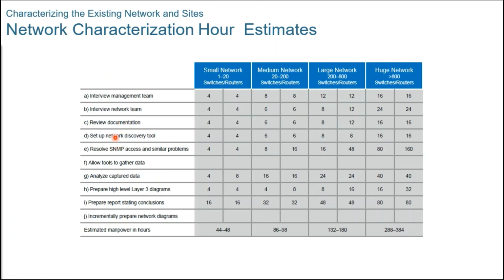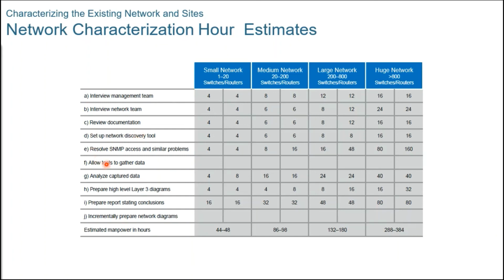Also, setting up the network discovery tool, which typically involves using automated discovery or entering a device list or static addresses range into the tool, verifying the tool has found most routers and switches, and starting to collect performance data. So for discovery, we are using the Cisco Discovery Protocol, CDP. You also have LLDP for open systems.